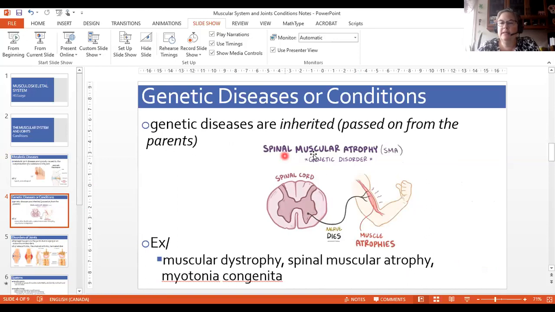So spinal muscular atrophy, and there's several types of this condition. Basically what this means is that the nerve that usually stimulates that muscle isn't working. And because that nerve's not working to stimulate the muscle, it starts to atrophy. So atrophy means to kind of break down, okay?